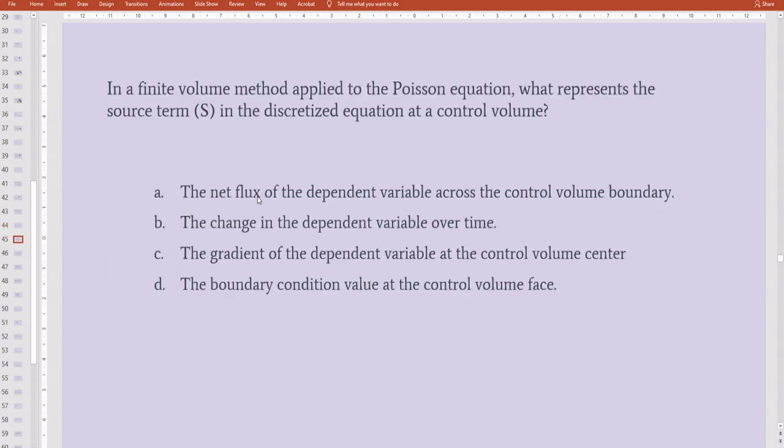Moving on to the next question. In a finite volume method applied to the Poisson equation, what represents the source term S in the discretized equation at the control volume?